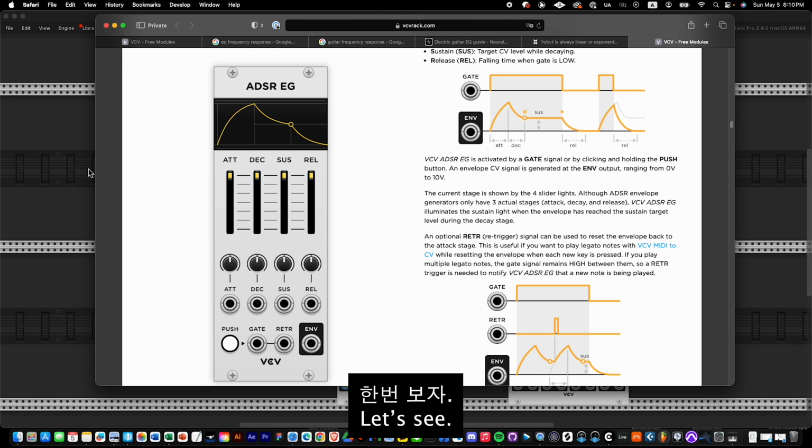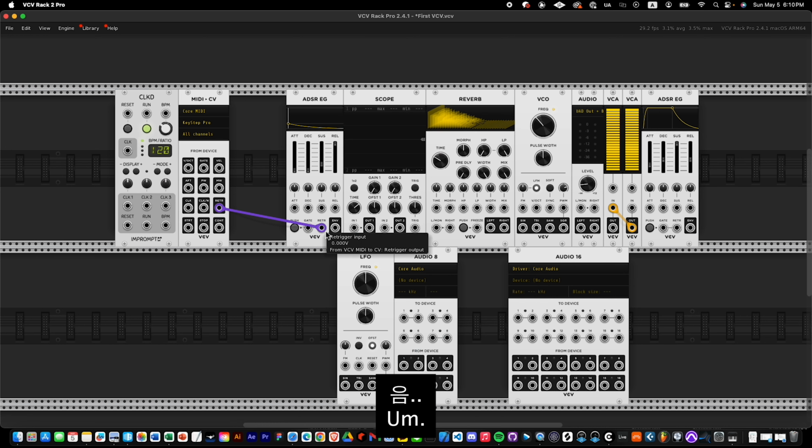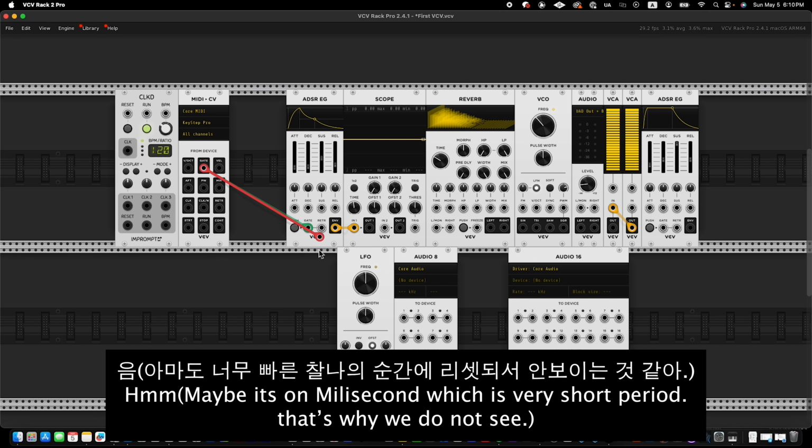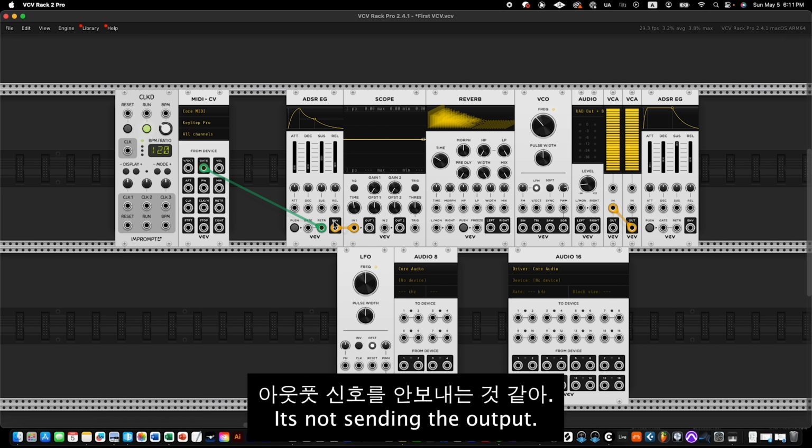Interesting. It's not sending the output.